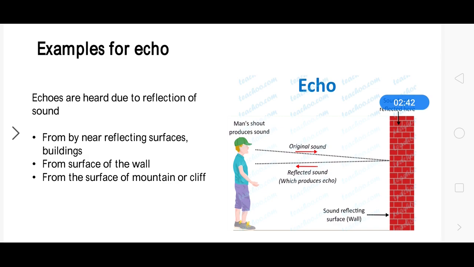Here the person is shouting, you can see in the figure, and the sound is produced. The original sound moves towards the wall and the reflected sound reaches the same person. Here the wall acts like a reflecting surface. This reflecting surface will be either a wall, mountain, building or anything. So these are some examples for echoes.